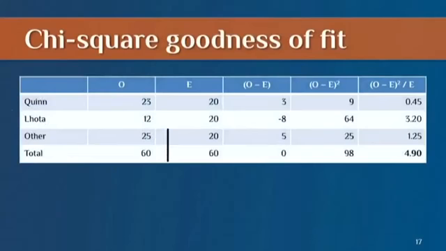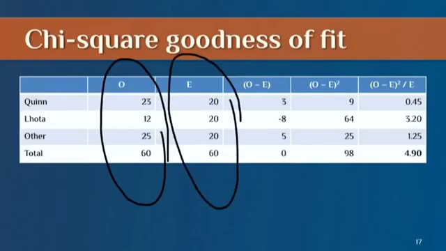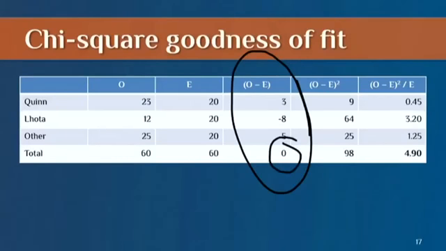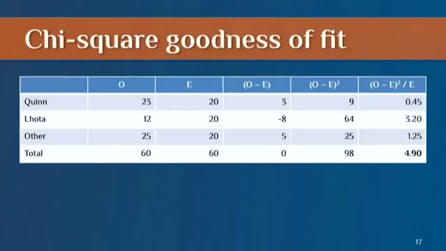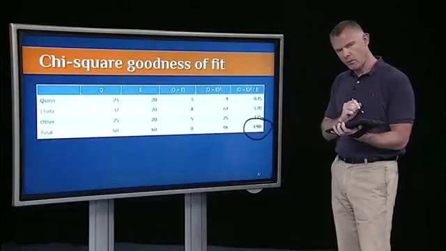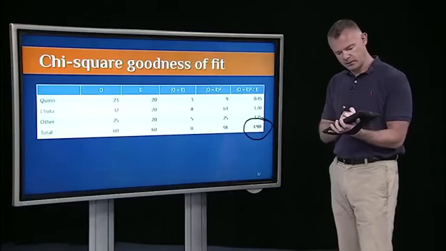We have the observed frequencies, and the expected, again just 20, 20, 20. In the third column, I did observed minus expected. I can check my math to make sure the sum of those is 0. I then square those, and if I sum those, the sum of the squares is 4.9. That's my chi-square.